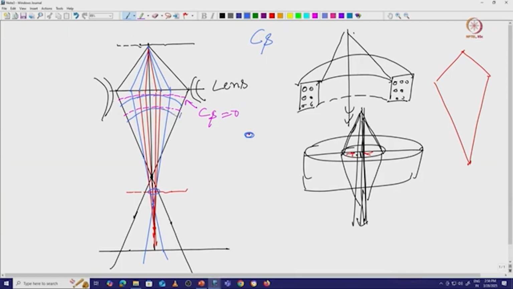So you can see there is a difference between the actual and the theoretical spherical aberration. The pink color is where the spherical aberration is 0, but for this blue there is spherical aberration and it is non-zero.